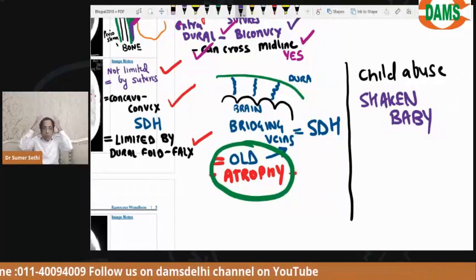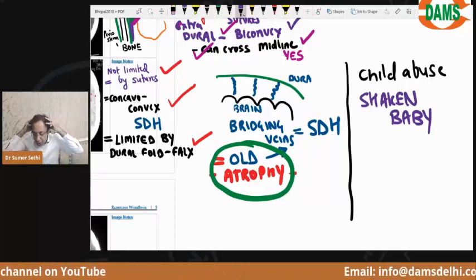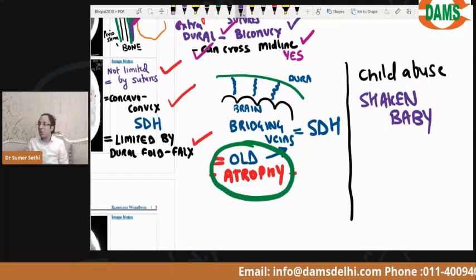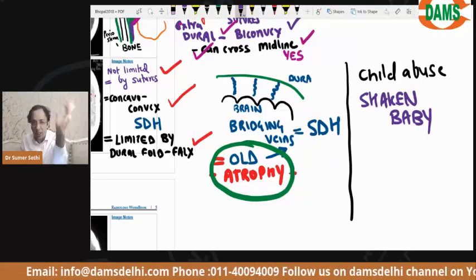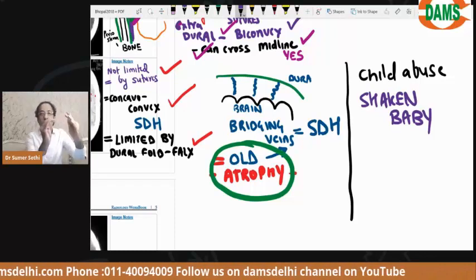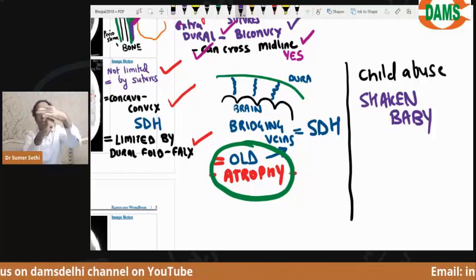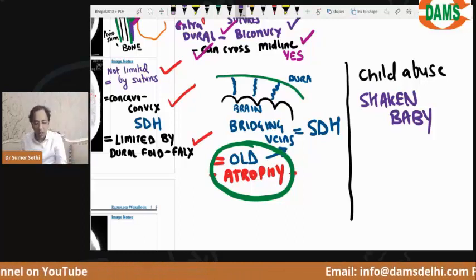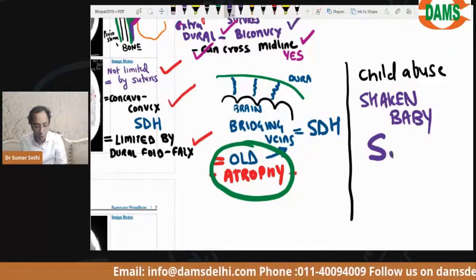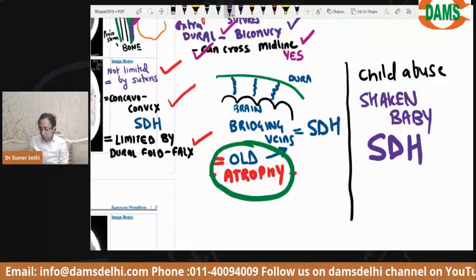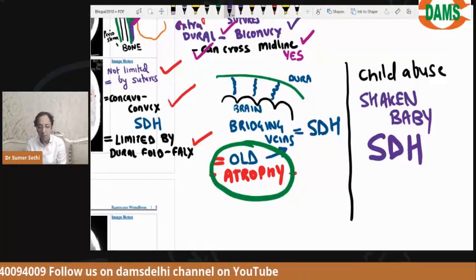If you violently shake a baby's body, the head control is not there, so the head will be bobbing like this, and the dura will shear over the arachnoid. The bridging veins will rupture. That is why a typical brain hemorrhage in shaken baby in child abuse is also subdural hematoma.